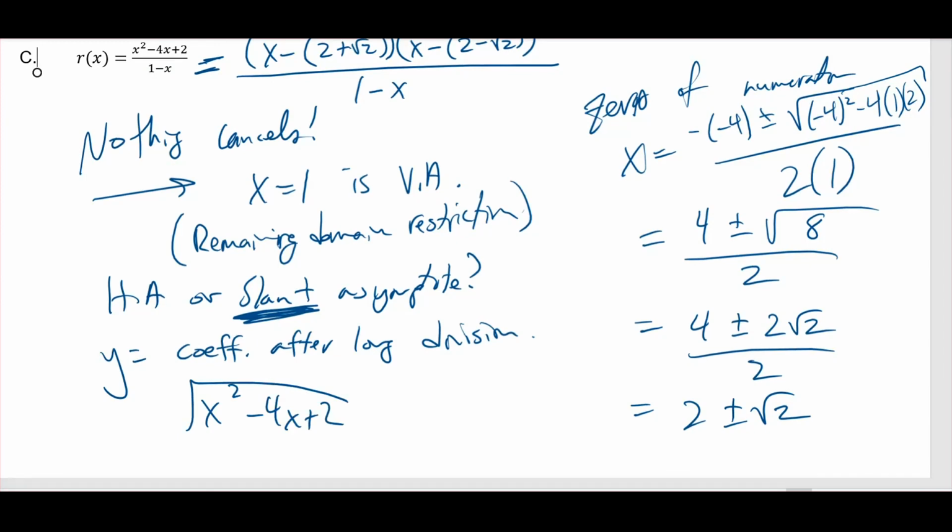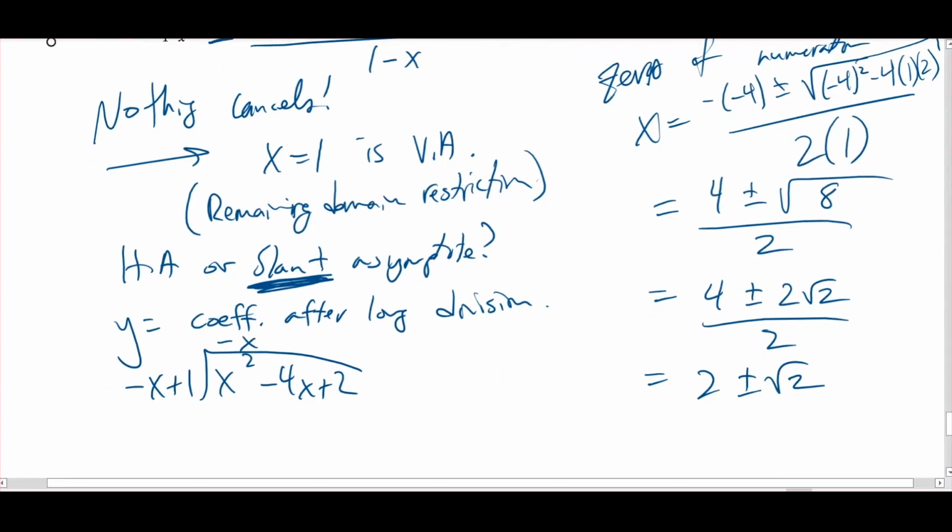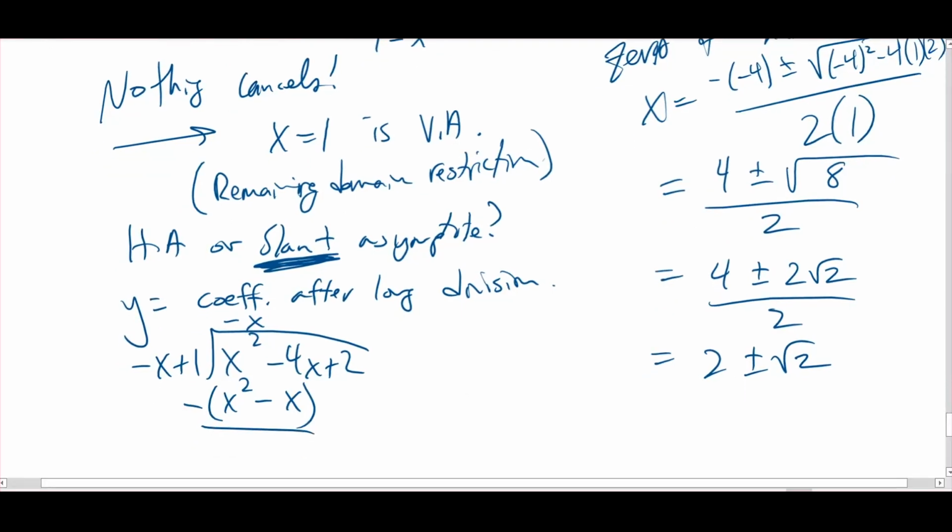We're dividing here by negative x plus 1. Okay, so we have to multiply by negative x to get to x squared. We multiply, we subtract. Okay, so negative 4x minus negative x would be plus. Bring down our 2. And then we say, all right, I have to multiply that by 3 to get there.